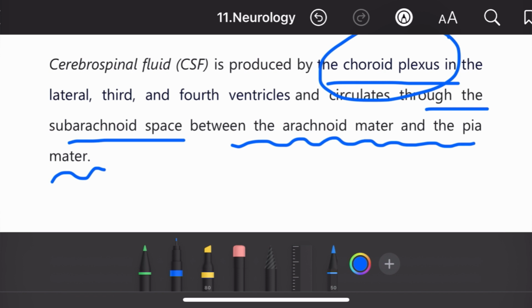We have some differences between the meninges covering the brain and the spinal cord, but we'll come to that later. Right now, through the subarachnoid space between the arachnoid mater and the pia mater.